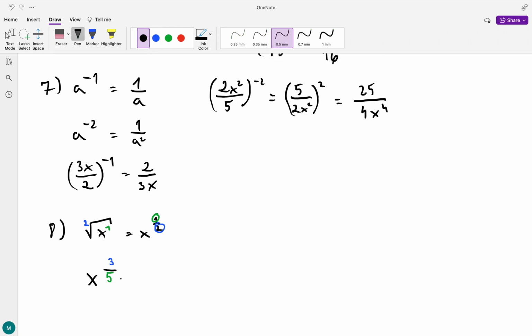So the number on the bottom of the fraction is always going to be a root. The number on the top of the fraction is going to be the power on the inside of the root. So that will be equal to x to the power of 3, and we're going to have a 5th root.